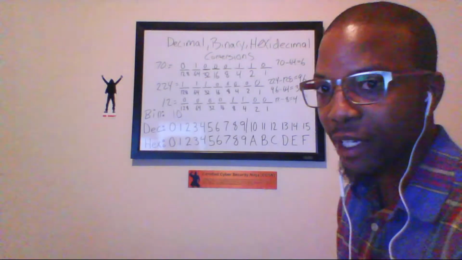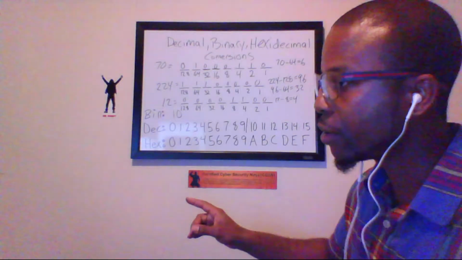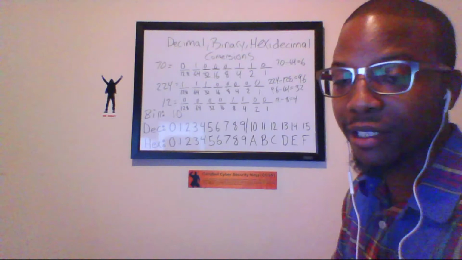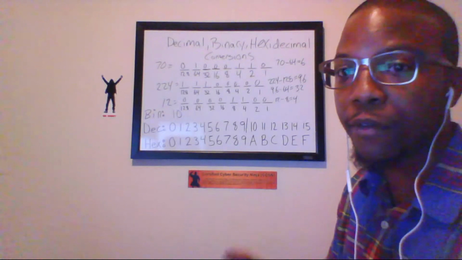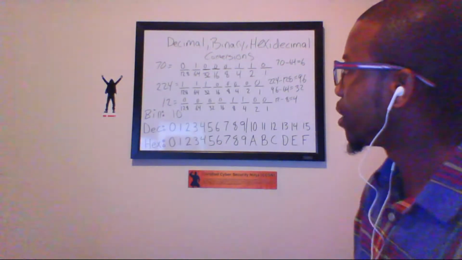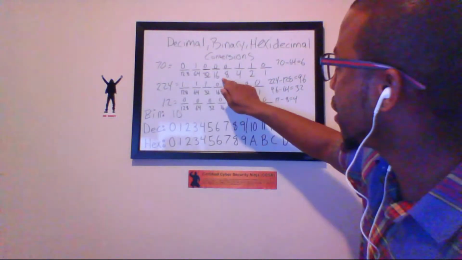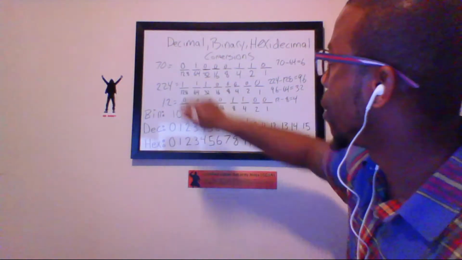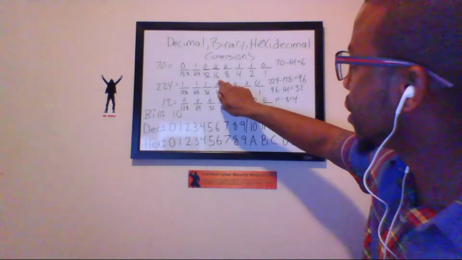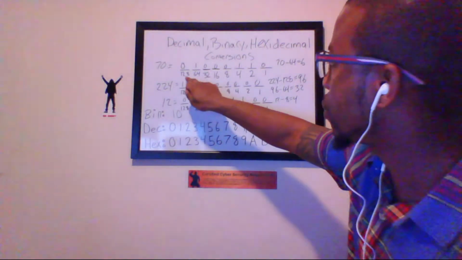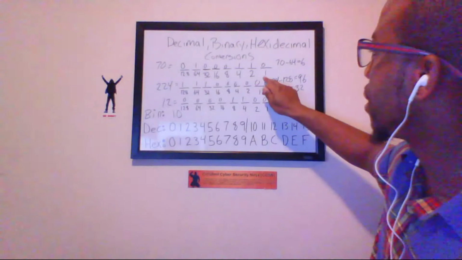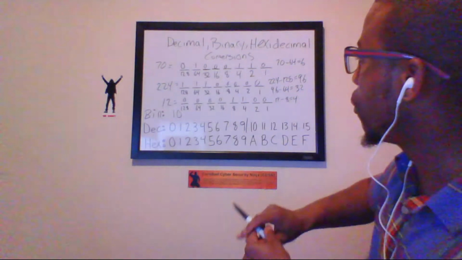The easiest way to convert a decimal number into hexadecimal is to convert it into binary first. And when we convert it into binary, these values here slightly change, right? So where you see 16, 32, 64, and 128, it actually becomes 1, 2, 4, 8 all over again.